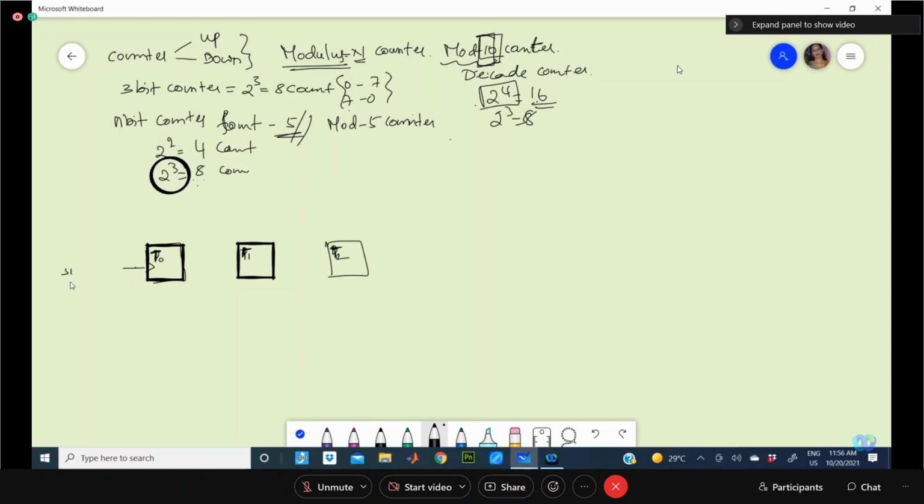Say this is the system clock. I take Q0 connected to the clock of the next one.